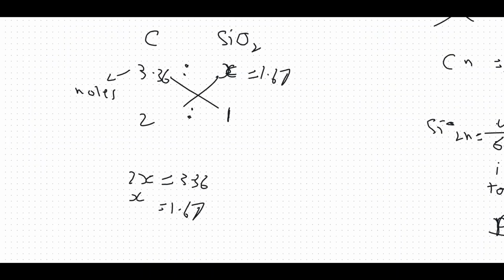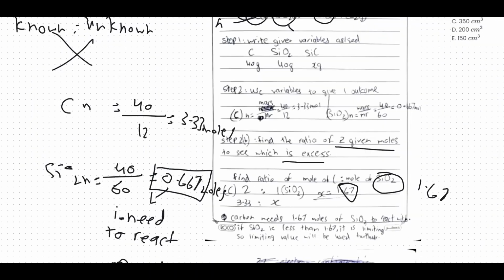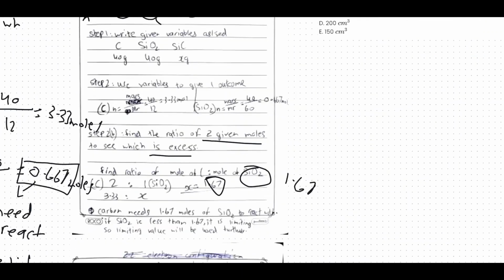1.67 is the moles of SiO2 that reacts with carbon dioxide. So in the question, I have 0.667. I need 0.667. I have 1.67. So SiO2 has 1.67 moles, which I can clearly see is the moles that I have.